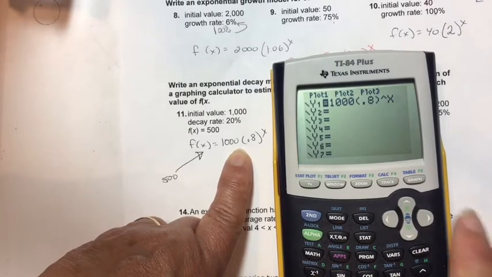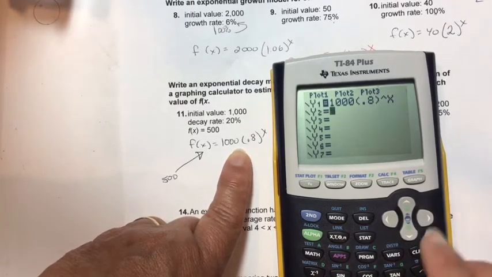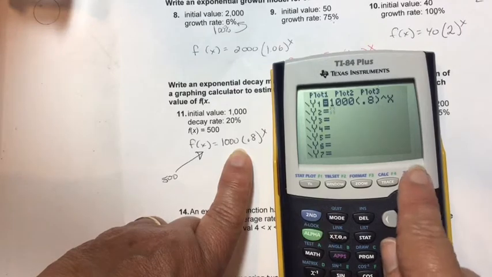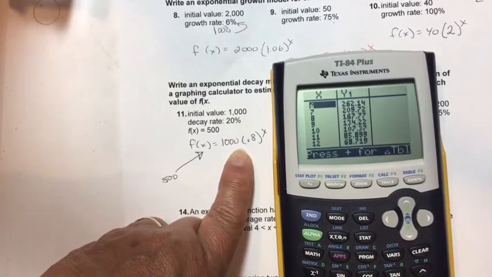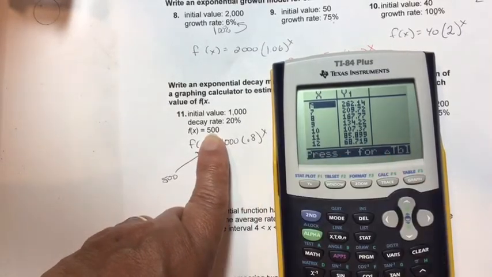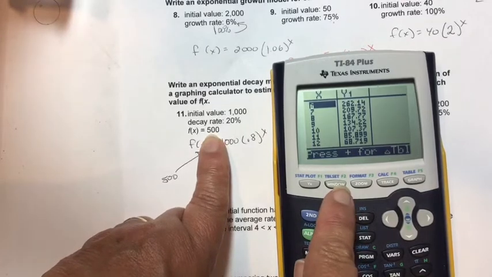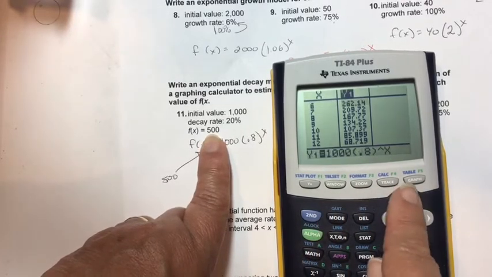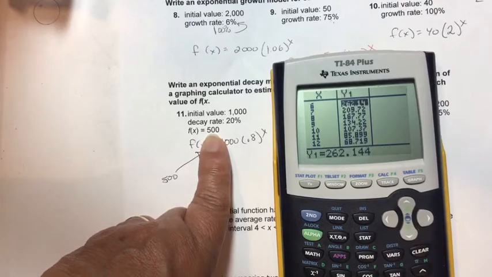Okay. Now, you want the table for that value. So we want to go second and then table. Now I'm looking for the table somewhere where it's 500. Notice mine came right up on the 6. You might have wanted to go back to the table set and started at the 0. Or I think you can just arrow up from here. No, I guess you can't.